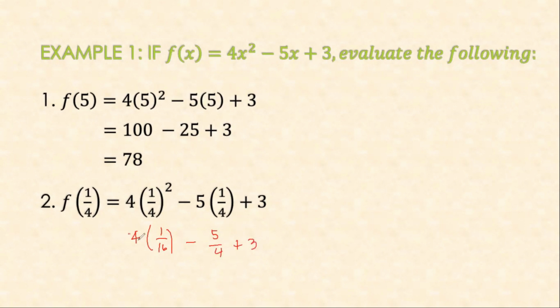Therefore, 4 will be canceled out with 16. We will have 1/4 minus 5 over 4 plus 3. So we have negative 4 over 4 plus 3. So the answer here is 2.